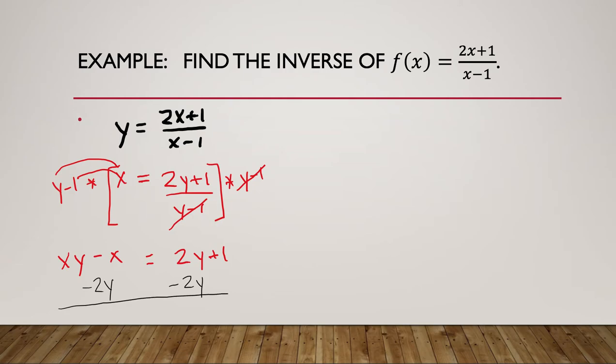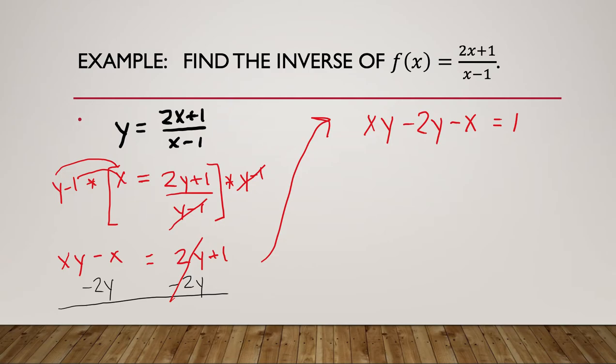When I do that, I'm going to have xy minus 2y minus x. I'm just putting those three terms on the same line. And then on the right-hand side, I just have a 1.